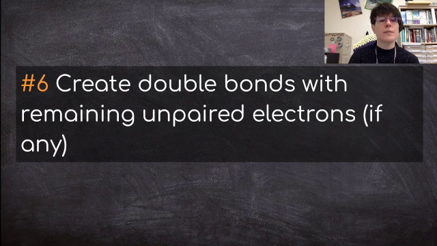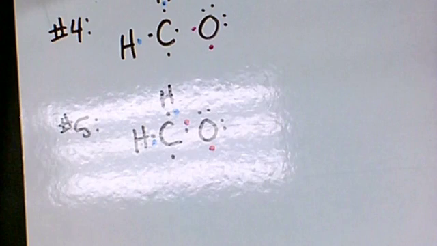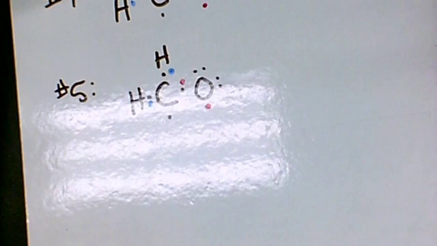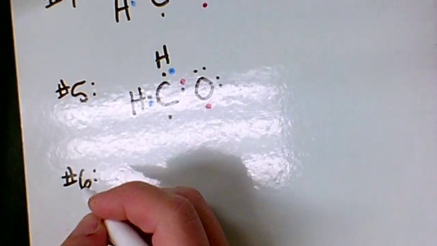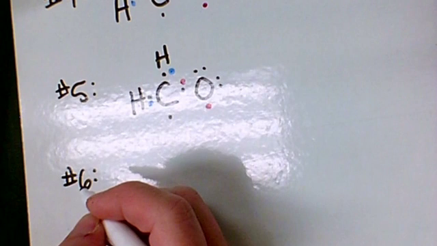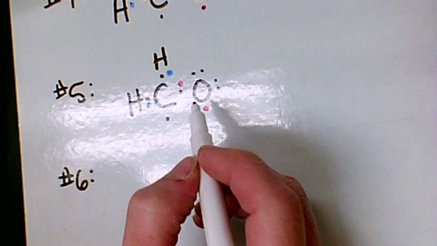Step 6, we create double bonds with the remaining unpaired electrons if there are any. If there's not, we're done. So going on to step number 6, I now create double bonds with the remaining unpaired electrons if we have any, and we do. We have one right there.